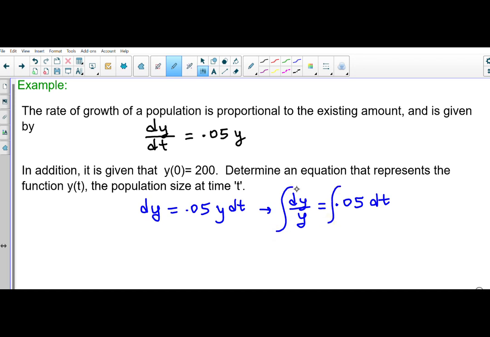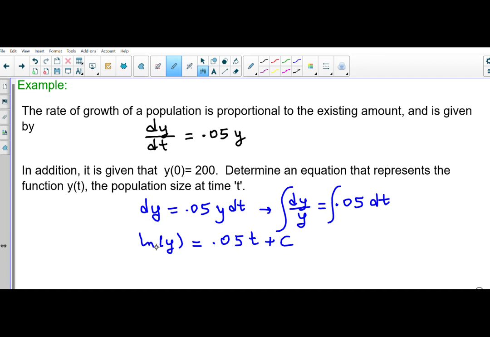So the integral of 1 over y dy, we have learned previously, is ln of the absolute value of y. And because we're dealing with a positive quantity, like the size of a population, I'm not going to use the absolute value right now. I'm just going to say ln of y equals, and the integral of a constant times t, we have learned, is that constant, in this case 0.05, multiplied by t, plus c, to make it more general, because c could be any value.